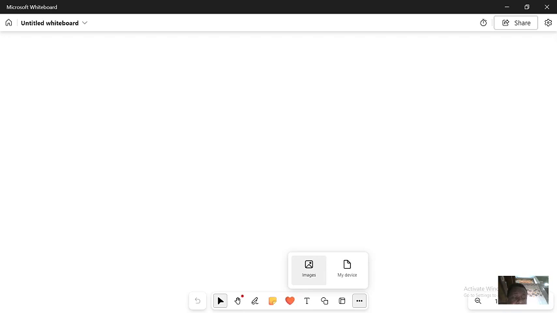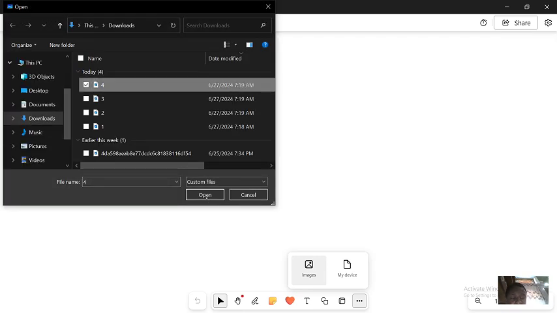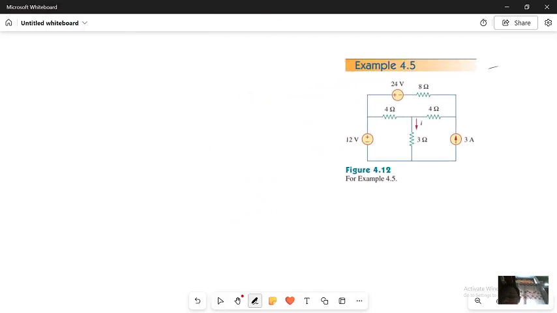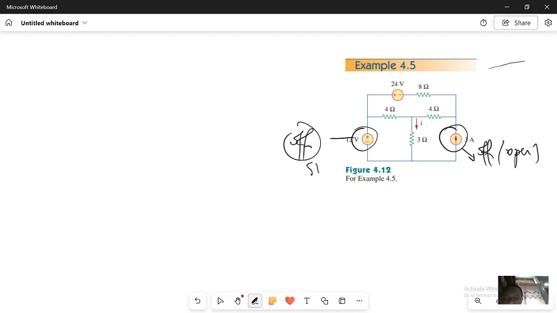In this circuit, this source is going to be off. When it is a voltage source, it's turned off by shorting. This current source is turned off by opening. Here by short. Now only this one remains on.